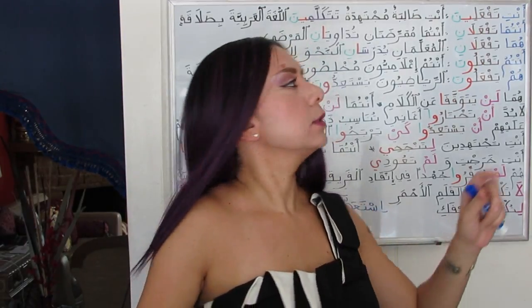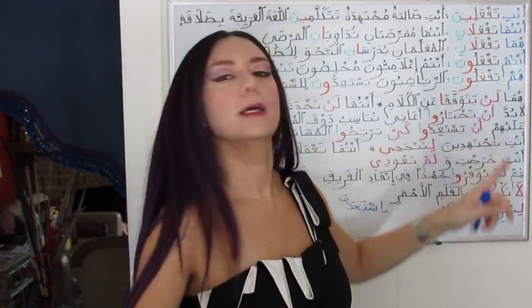Bear in mind that the imperfect subjunctive المضارع المنصوب, as you remember from the previous lessons, the suffix noon will be dropped if the imperfect verb is preceded by a particle of negation لن. Lan negates the imperfect with future meaning, will not.